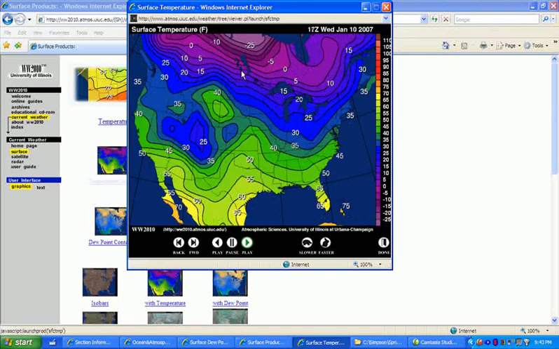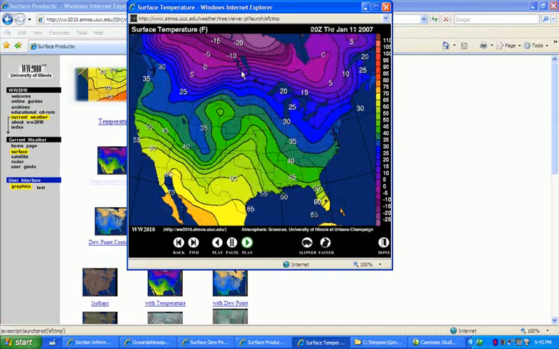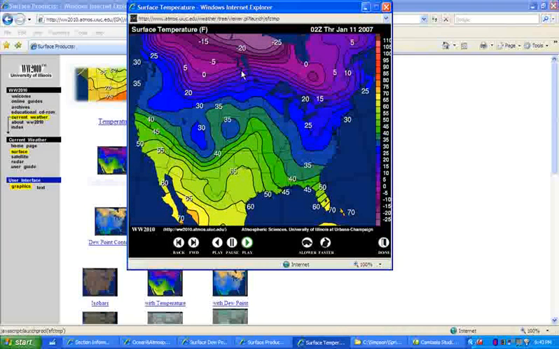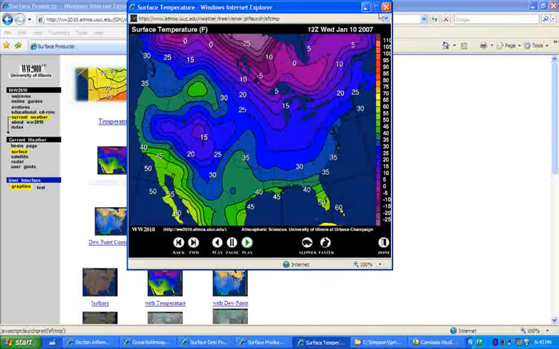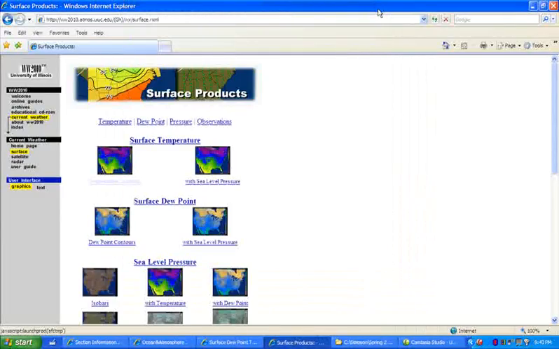Another way that we can forecast temperatures, specifically 12Z temperatures, is to look at what we call dew point temperatures. We'll define dew point temperatures a little bit later. But one thing you should write down is that the actual air temperature can never go below the dew point temperature.